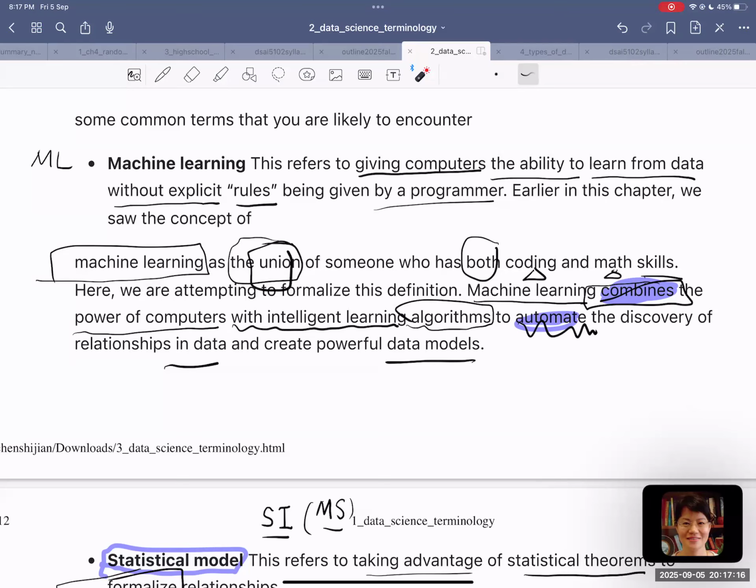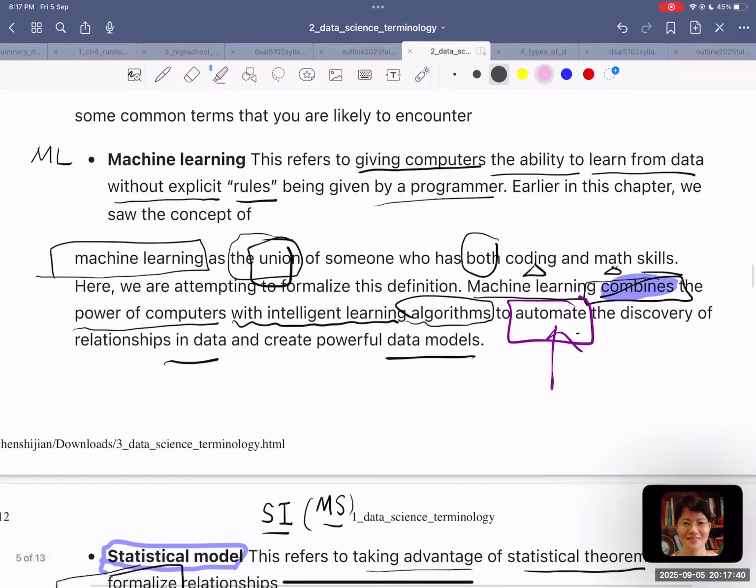Look at this place. This is the automate. These are the words I want to emphasize. Machine learning: we tell the machine to learn the pattern, and then the machine will help us do some automation. Machine learning is the union, attention here, of someone who has what?